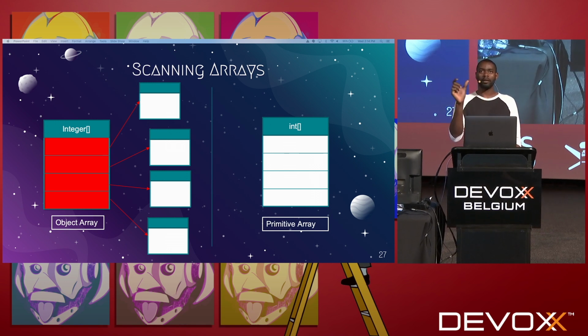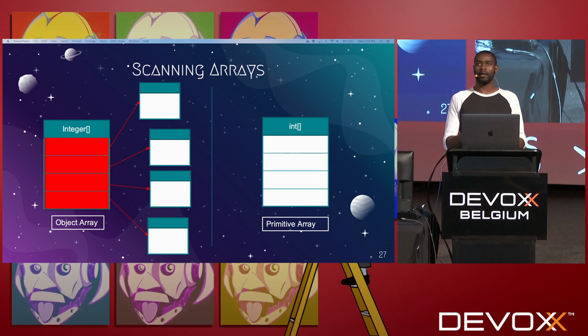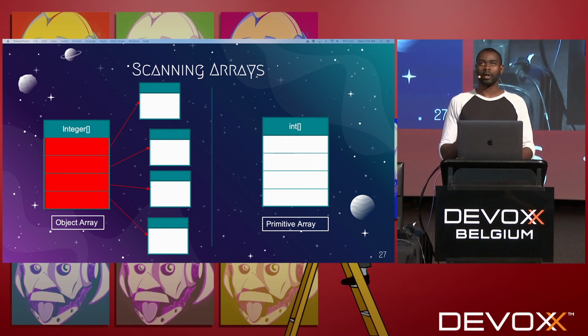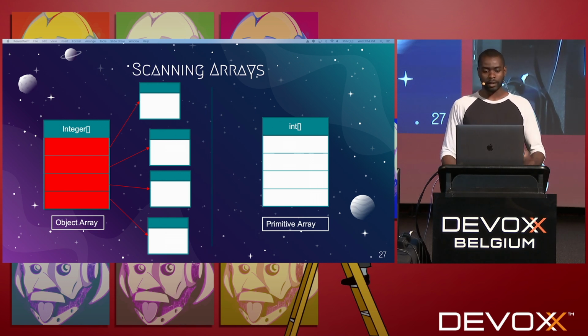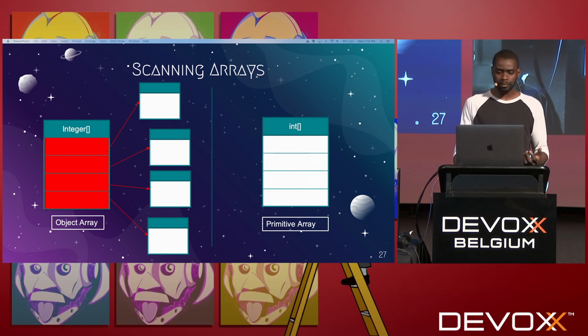As soon as you reach the header of the primitive array, you're essentially at a terminal point. You don't have to continue. But with a reference array, you have to scan each of the elements. So you can see that having more references increases the GC overhead.